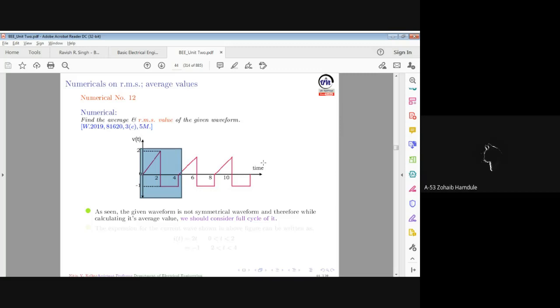Sir, RMS is 8 ampere. Now please check it once again. What expression have you written for the RMS value?